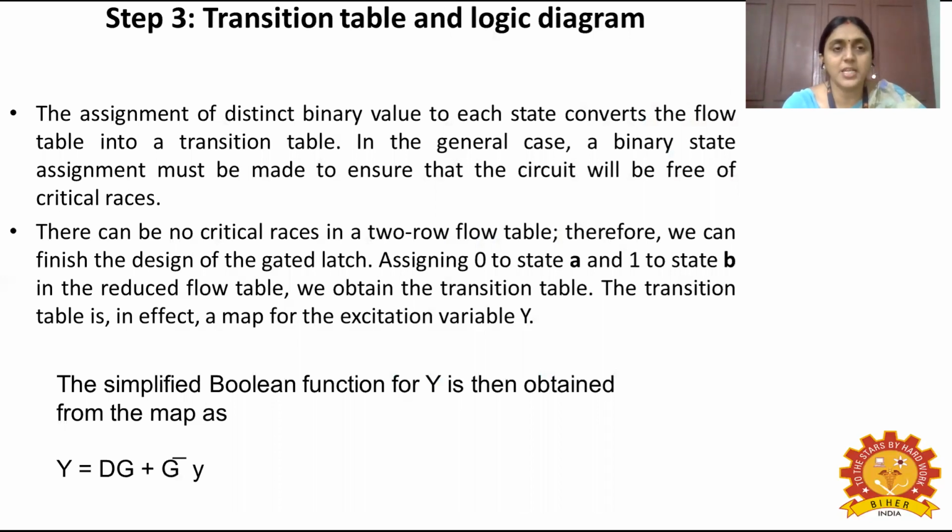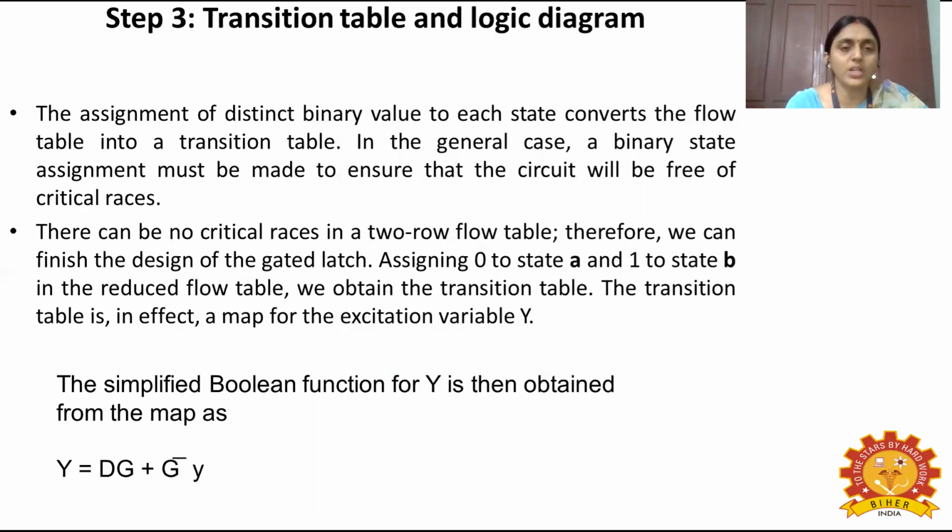Now we will see step 3, where the transition table and the logic diagram have to be drawn. The assignment of a distinct binary value to each state converts the flow table into a transition table. In the general case, a binary state assignment must be made to ensure that the circuit will be free of any critical races.